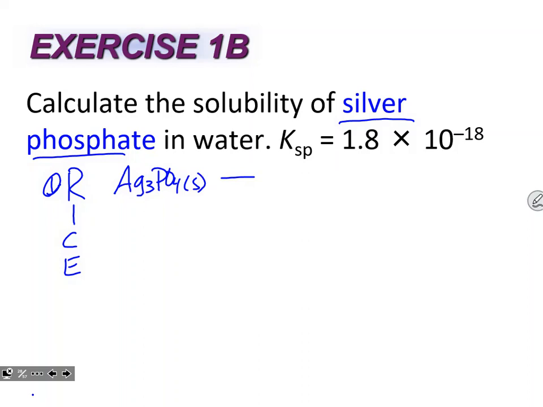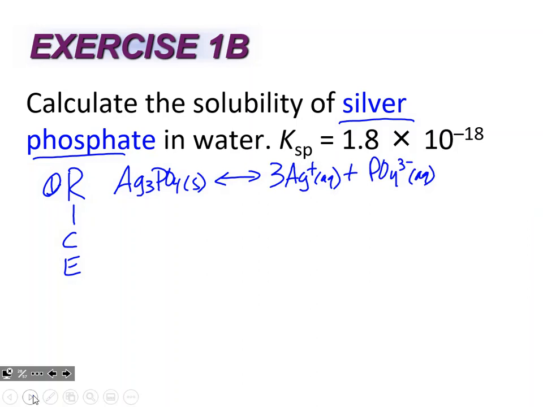Ag3PO4 solid. Good. Now that means we're going to have 3 of the silver ions that form, and 1 of the phosphate ions every time that formula unit breaks apart. Now initially, once again, we cross off the solid, don't need it.